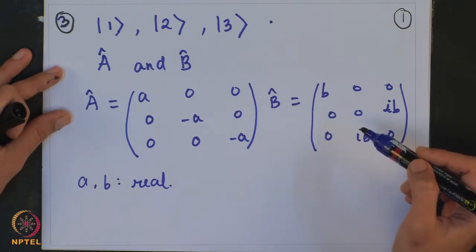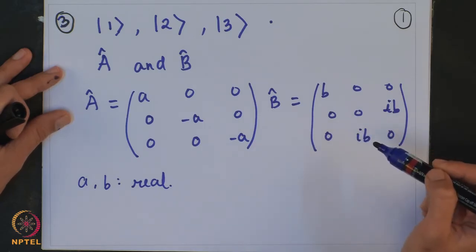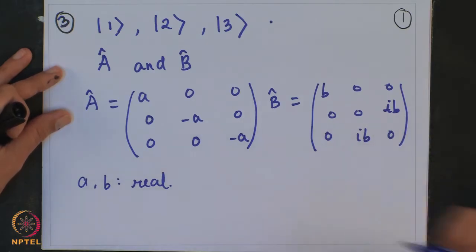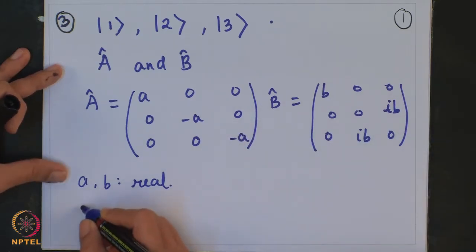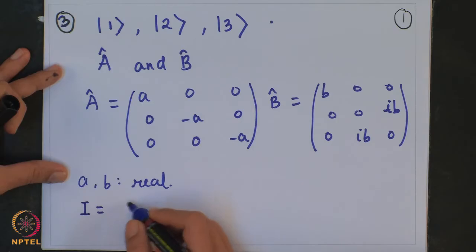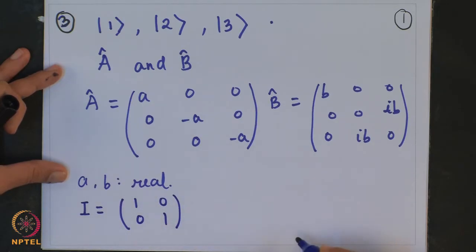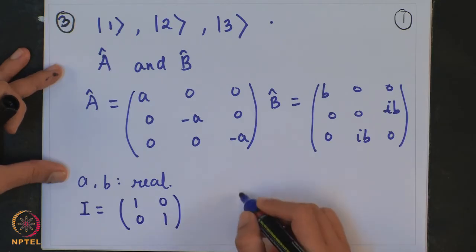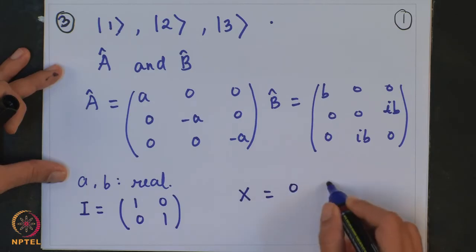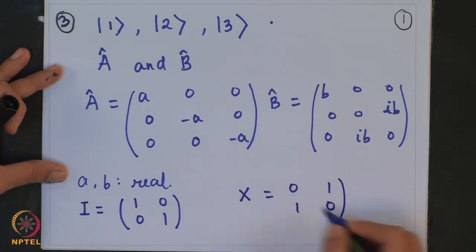The question is to find the eigenvalues and eigenvectors of B. A you can just see verbally, it is very simple. So for B, let me define something: we always represent I as the identity operator, and let me call this x as the matrix 0 1 1 0.